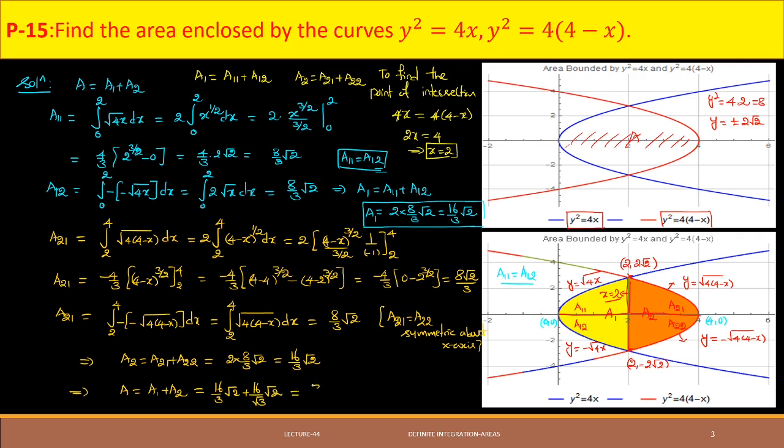So that is equal to 32 by 3 into root 2. So area A is equal to 32 by 3 into root 2 square units. Hope you have understood this problem.